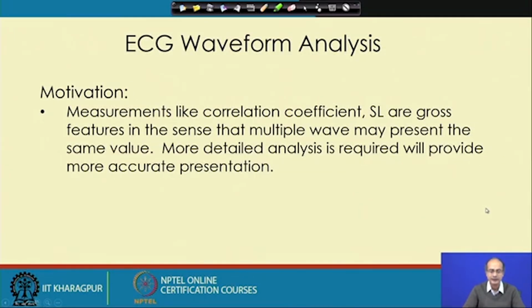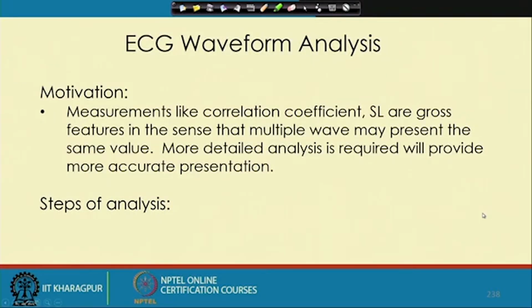However, they provide only a gross picture of the situation, because there could be multiple waves which can give rise to the same value of the correlation coefficient or signal length, and that gives the idea that if we want a more accurate answer, we need better measurements and more detailed analysis of these waveforms.